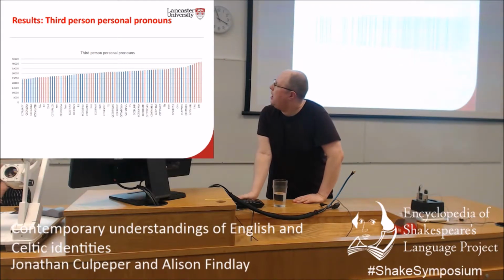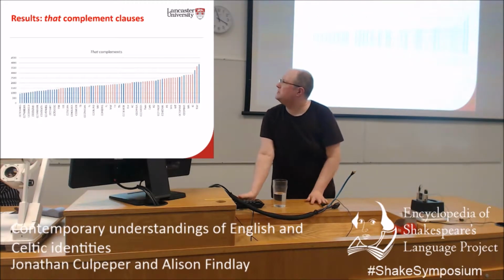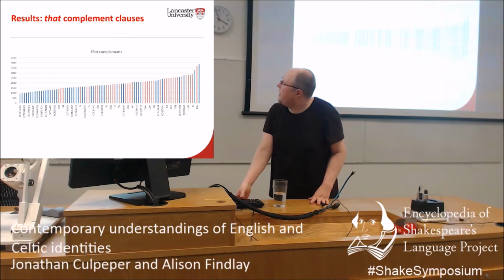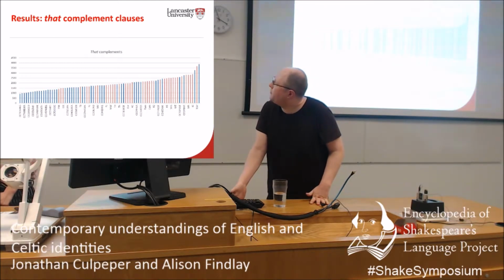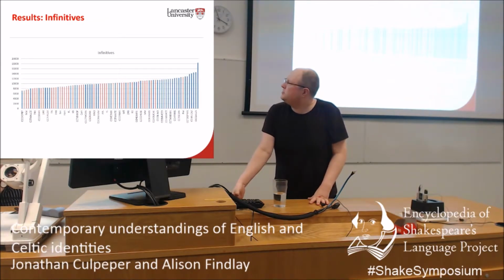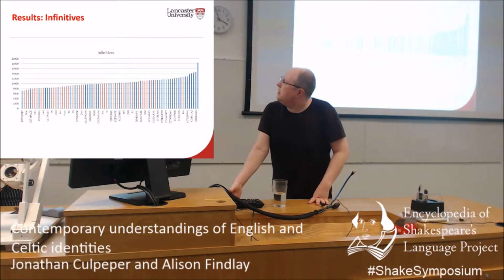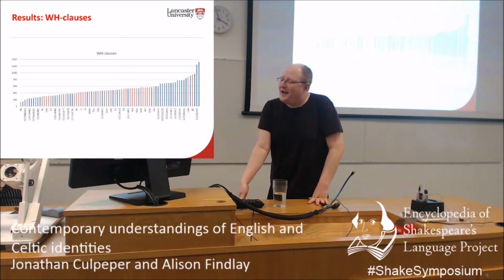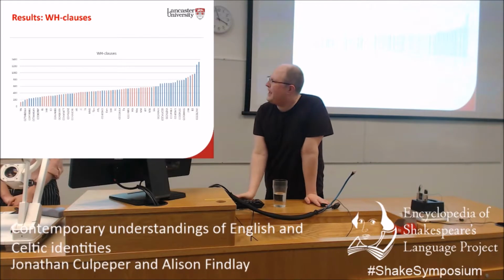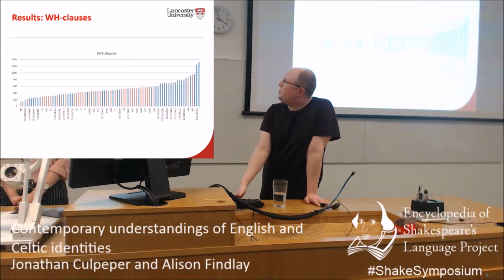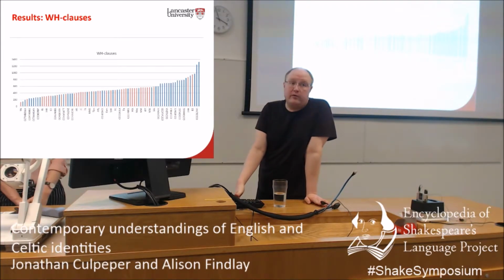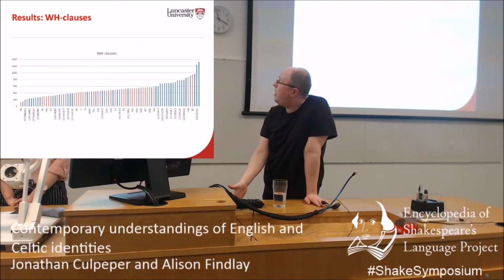And that complement clauses as complements of verbs. And again, that's interesting. Finally, infinitives, which is also interesting. Oh, not finally. I should never say finally when I can't remember exactly how many slides I've got. So these are WH clauses as complements of verbs. So he said what it was or something like that.